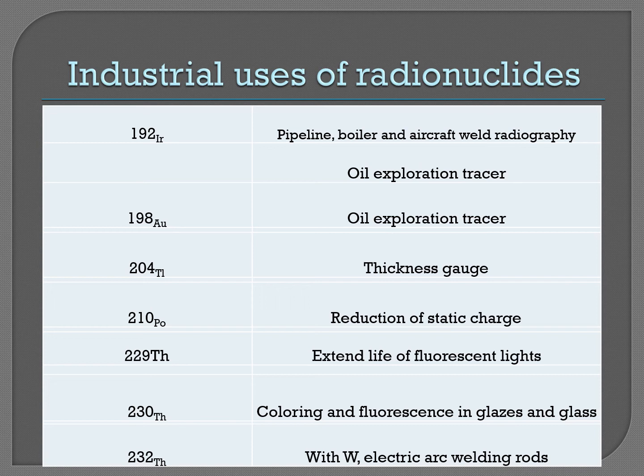Like we have different energy savers being used in our home, so their lifetime can be extended by using the isotope of thorium 229 in them. Then we have the thorium 230 isotope, and it is used as coloring and fluorescent in glazes and glass. And we have thorium 232.